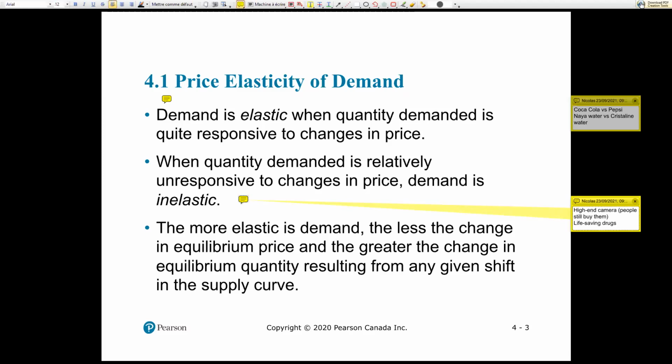I think it's awful. If you raise the price of a life-saving drug, and I don't want to die, then I'm still going to buy it. I don't have any choice.